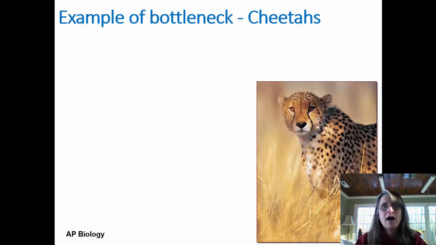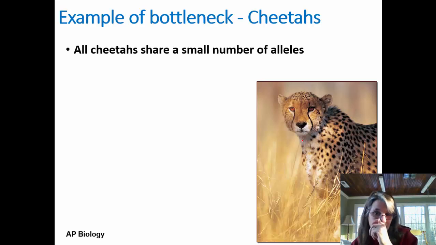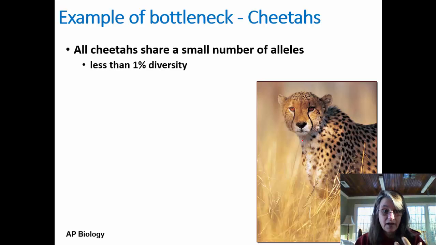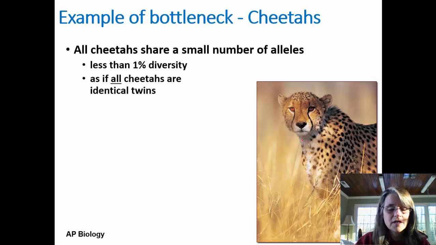Okay. A great example of a bottleneck in real life is cheetahs. Cheetahs that are alive today share a very small number of alleles in common. In other words, there's not much diversity, less than 1%. There's a small number of alleles in the gene pool, and it's shared by all cheetahs.